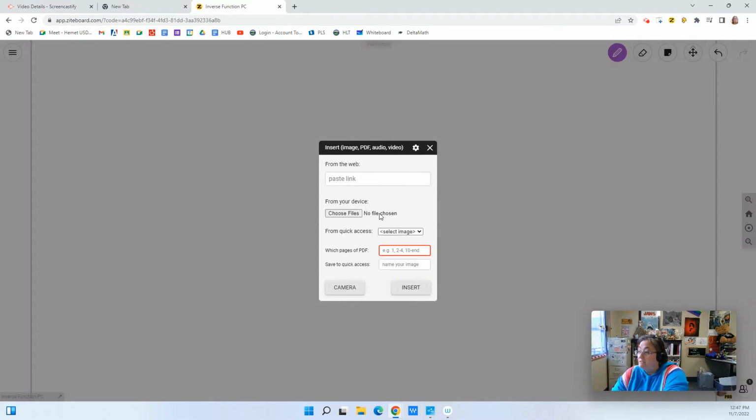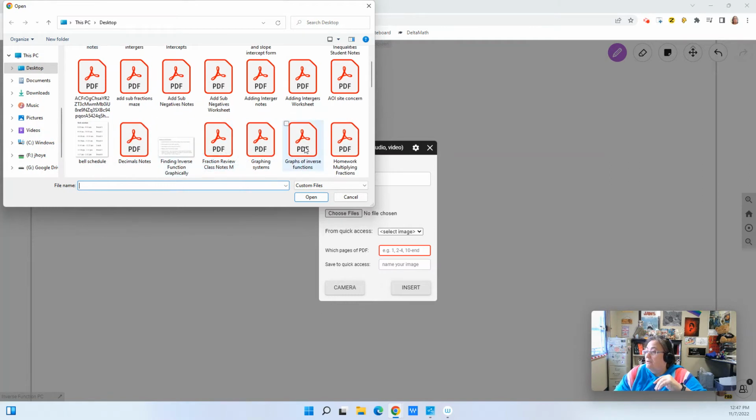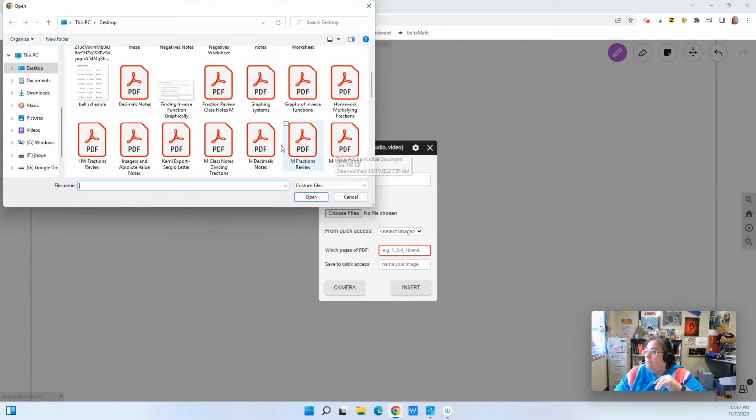Because my handwriting is terrible on this thing lately. And now that I added another screen, apparently I need to go through and set this thing again because it wants to only let me use half of the thing. I'm looking for not graphs of inverse. We're looking for something involving inverse functions though.